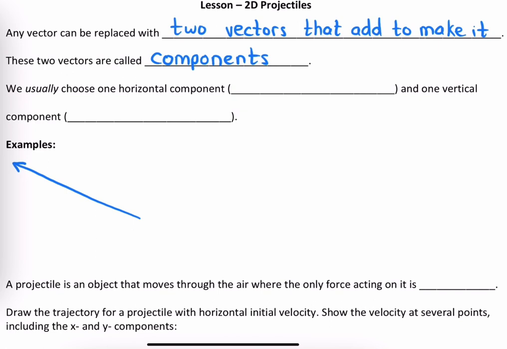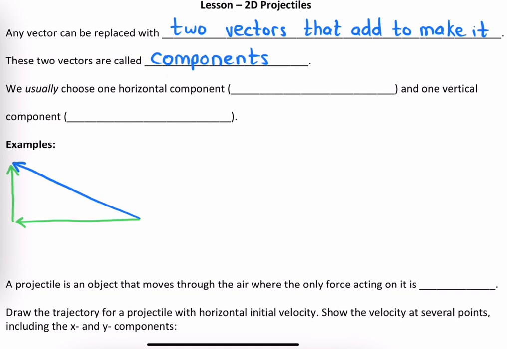So what I can do is replace the vector with two vectors that add to make it. I could replace it with one vector that goes like this, and with one vector that goes like that. These two green vectors, notice, are added head to tail. This one plus this one equals the blue one, just like 3 plus 4 equals 7. These two green vectors are called my components.